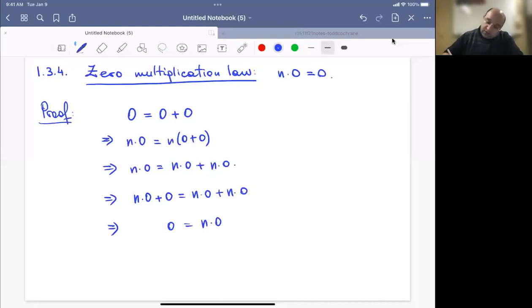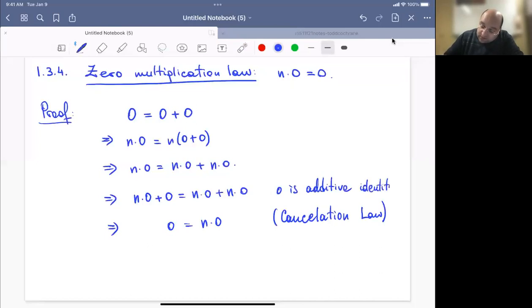So this is using the cancellation law. And this one here is using the fact that 0 is the additive identity. Here I'm using the distributive property.